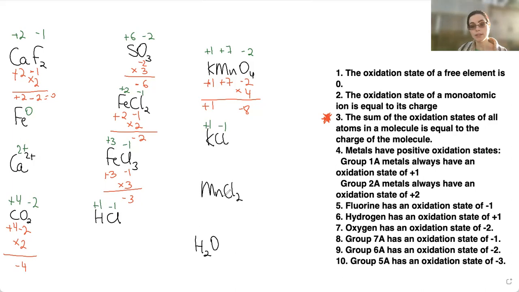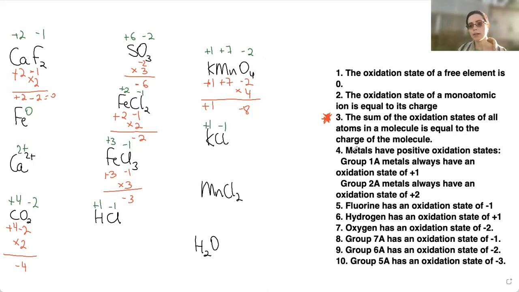Manganese chloride. Let's see how manganese will behave differently once it's together with 2 chlorines and not in this more complex molecule. So we'll go through the rules, right? First three don't work.